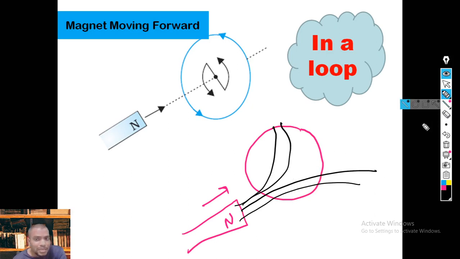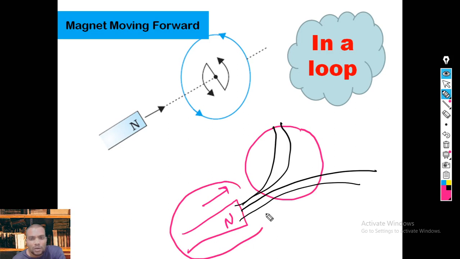Now that induced current causes a magnetic field. Here the problem is: what is the direction of the induced current? The direction of the induced current in the loop is such that it develops a magnetic field that opposes the original magnetic field.